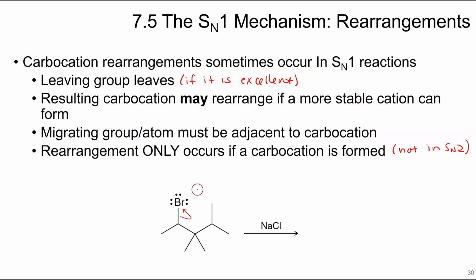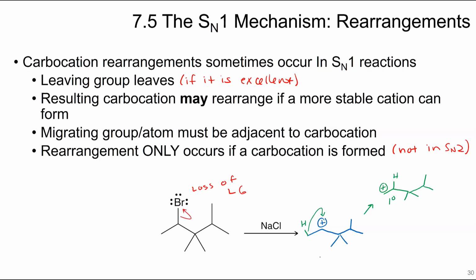So in this reaction we have loss of leaving group, which forms the carbocation. So if I look at the adjacent atoms, here's an H here. If I move this H over to this carbon, that H gets moved here and the carbocation is here.